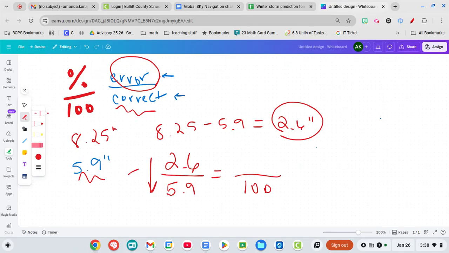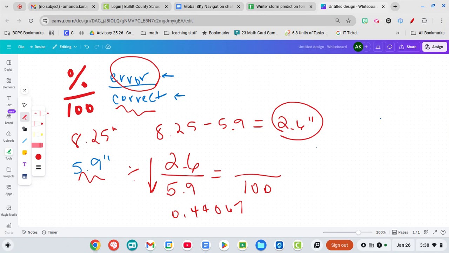First by dividing 2.6 divided by 5.9. And that gets me 0.4407. Yeah, we'll call that good.